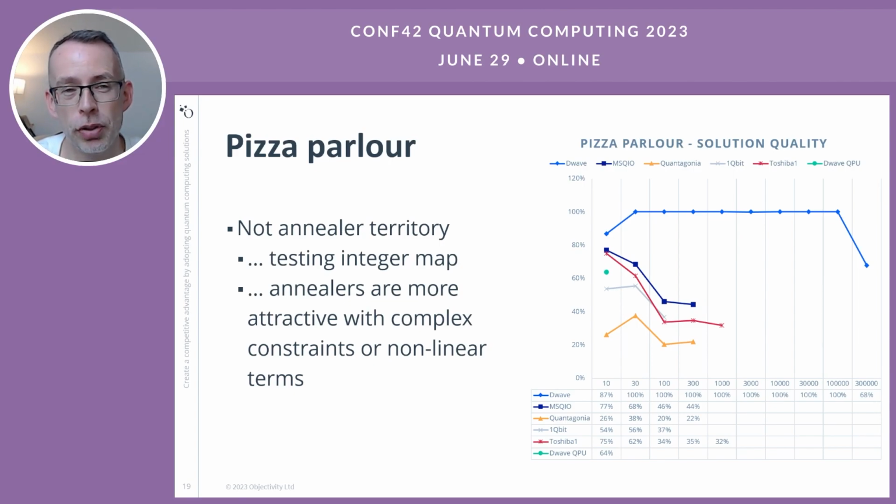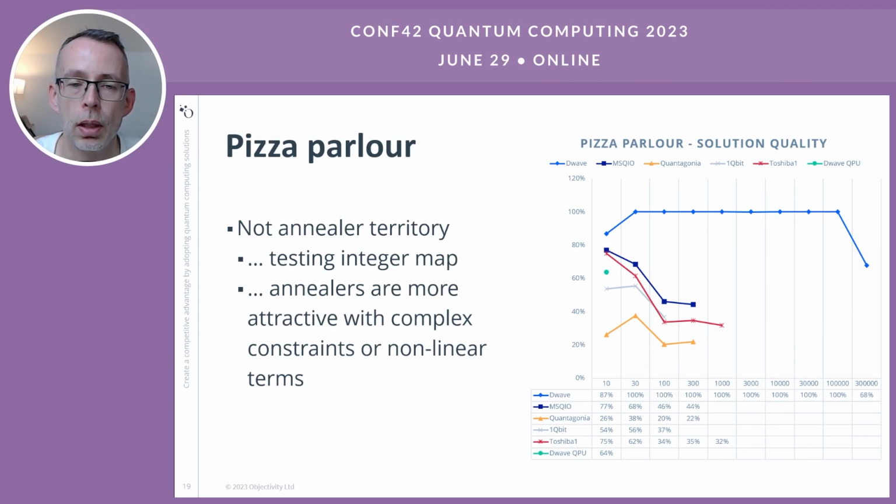But the purpose here is not to be the fastest. The purpose here is to see how these annealers cope when you have integer variables and code them down to binary. How do annealers deal with the Hamiltonian landscape that results?